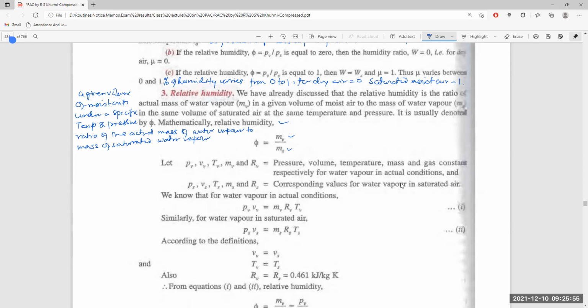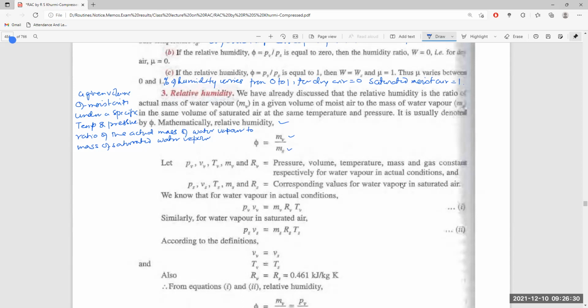And PS, VS, TS, MS, and RS are all the corresponding values for water vapor in saturated air, when air is fully saturated with water vapor.